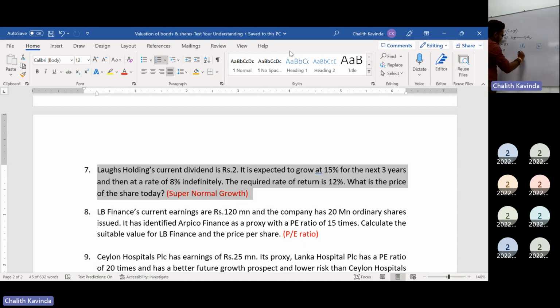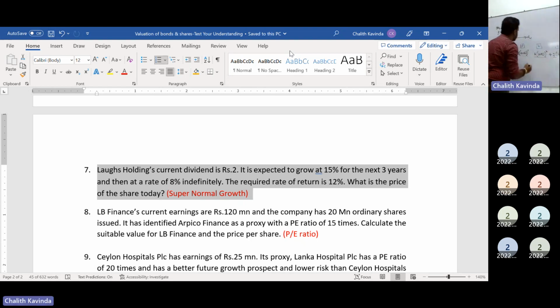So it's 2 times 1 plus 15% to the power 1, and again 1 plus 15% to the power 3 for year 3. Clear? Up to now, is it okay? This is how you calculate your expected cash flows, the dividends. Then you need to discount.